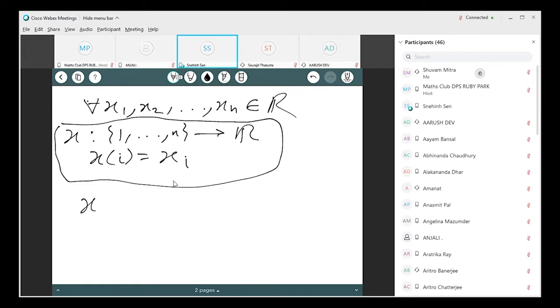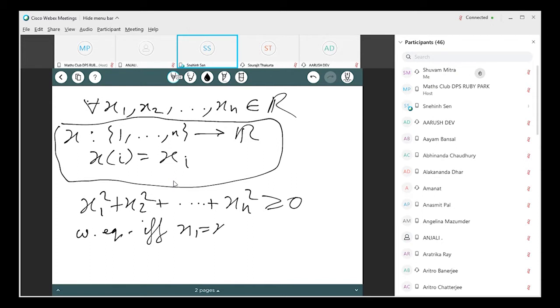So if x1 to xn are real numbers, then x1 square plus x2 square plus dot dot dot plus xn square is greater than or equal to 0, with equality if and only if x1 equals x2 equals dot dot dot equals xn equals 0.